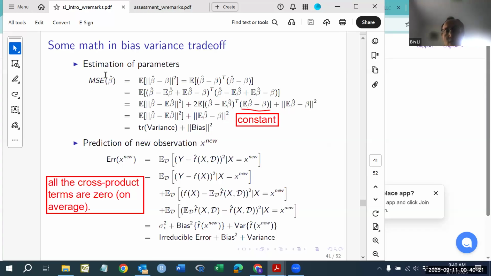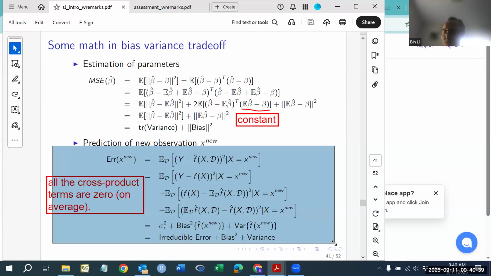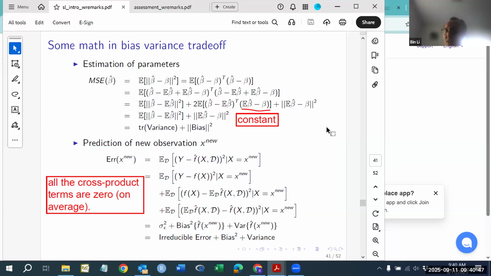These slides talk about some math behind the bias variance trade-off. You may ask why the MSE is the summation of the variance and bias. These questions can be easily answered through a rigorous mathematical proof. Proving this is not the purpose of this course, but I put it here.